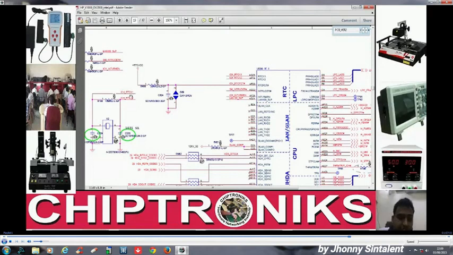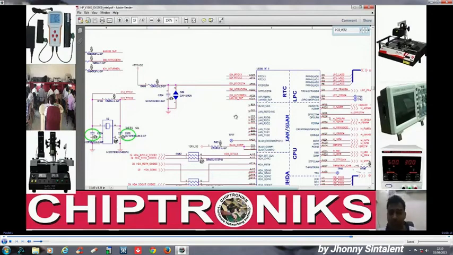If you see the waveform over here and over here, there would be a little difference. If there is no difference, then your RTC section is not working. This is one solid way to confirm whether my RTC section is working or not.